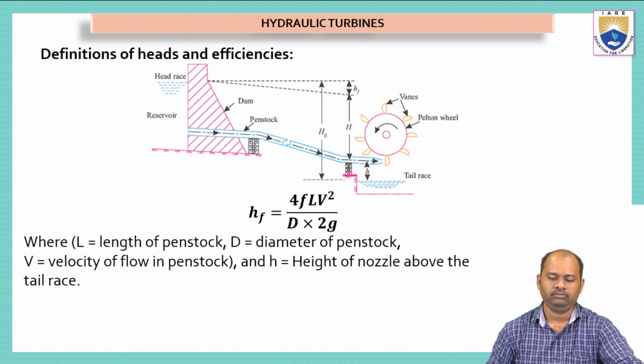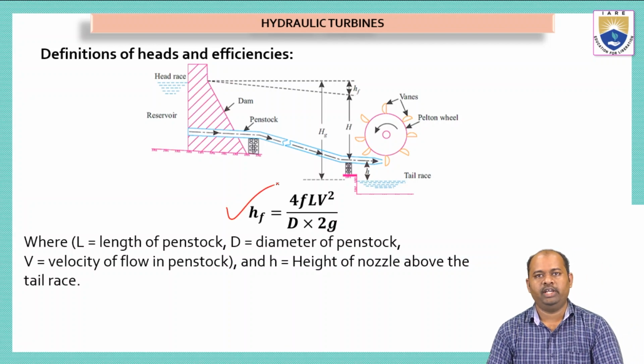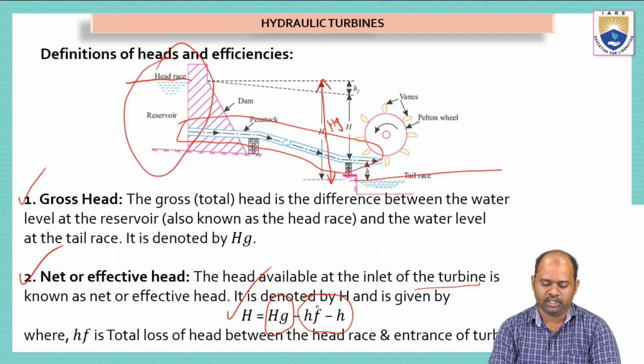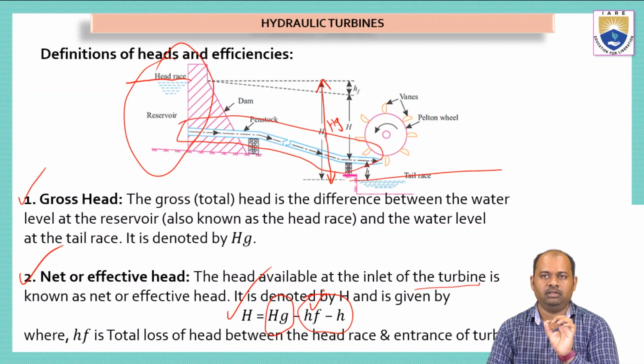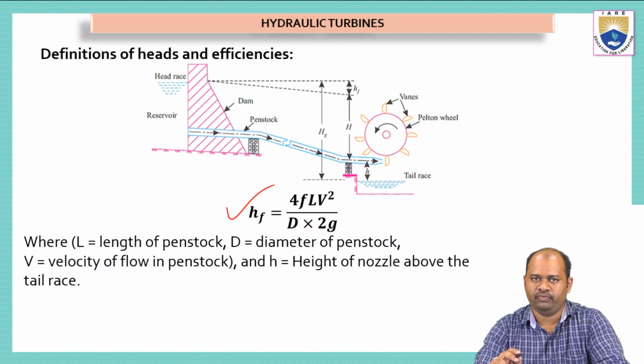Now another formula is HF. HF is what we have subtracted here. See here, this is HF. HF is the head of the water lost due to friction, that is head loss due to friction.